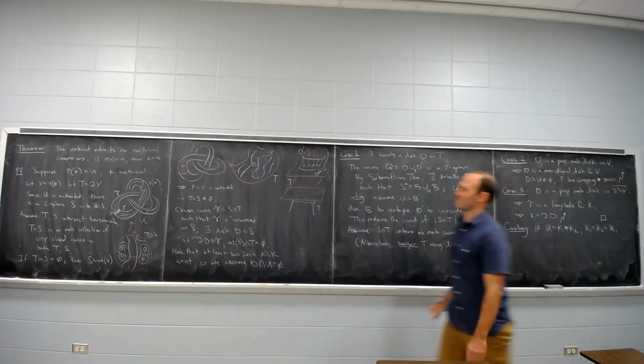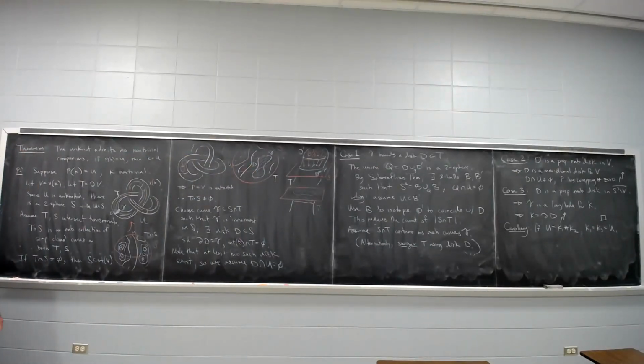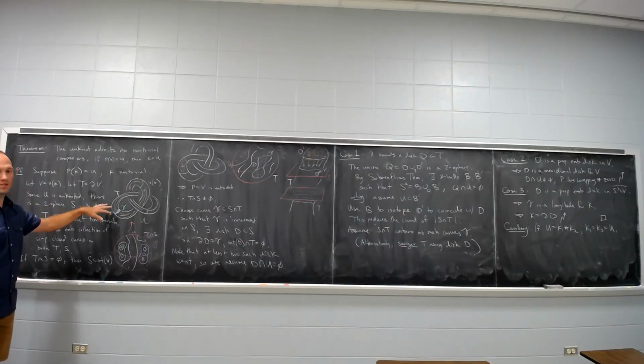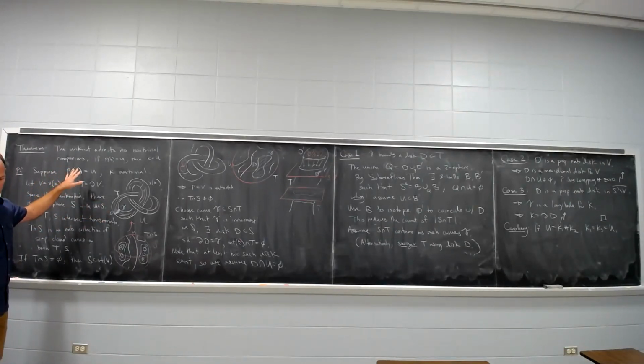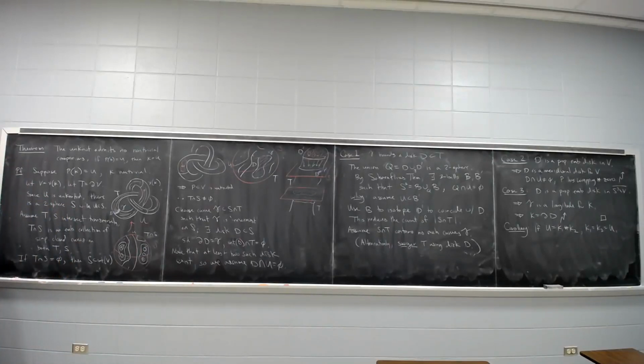Okay. And so last time I mentioned a couple other exercises that I would encourage you guys to cut your teeth on. Namely, you can use a very similar sort of thing to show that torus knots are prime, or rational knots are prime. Or the other one I wrote was that a proper satellite P of K is prime if and only if P of U is prime.